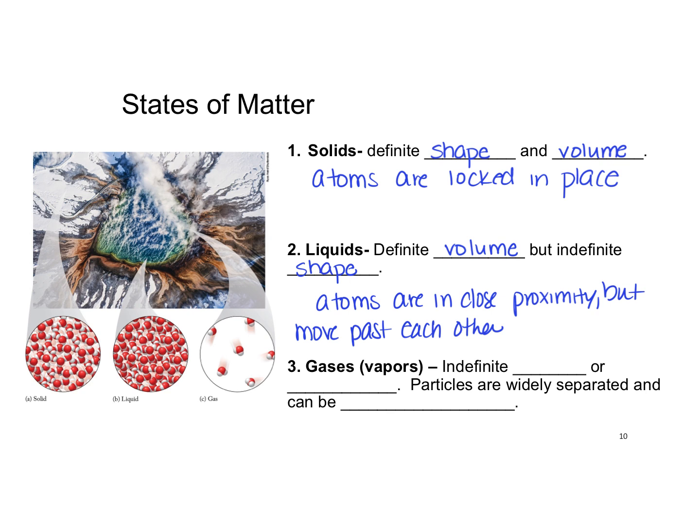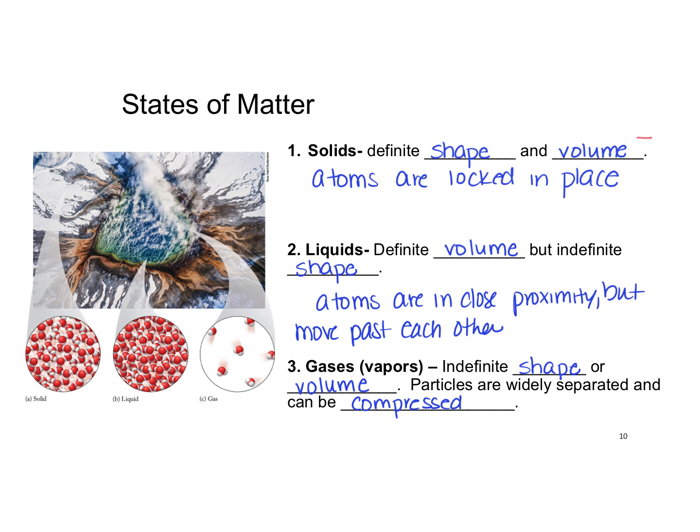Now the gases, right, these are sometimes called vapors, and they don't really have a definite shape or volume. So we say there's an indefinite shape and volume, right? The big thing here is these particles are widely separated and these can be compressed. All that means is they can be smushed together.